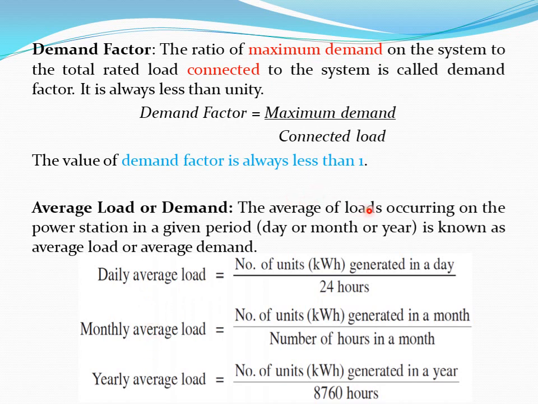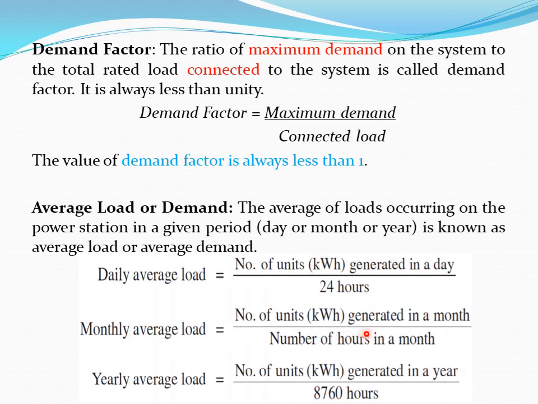The average of the load occurring on the given period is known as average demand. We are going to take the average. So daily average means the number of units generated in a day divided by the total hours. Daily means it is 24 hours. So we are going to take it as 24. Monthly average means number of units generated divided by hours in a month.